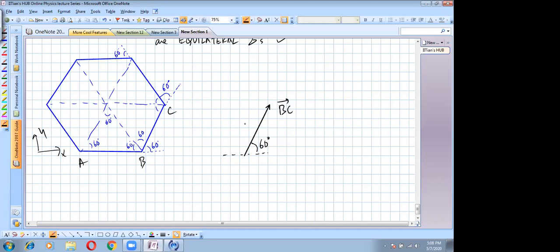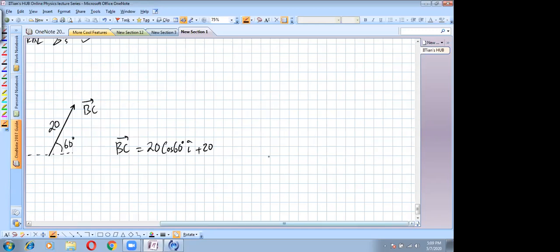This is the vector BC. So that is why BC vector was 20 cos 60 degrees I cap plus 20 sin 60 degrees. That's how it became 10 I cap plus 10 multiplied by root 3. So that was the case of BC.